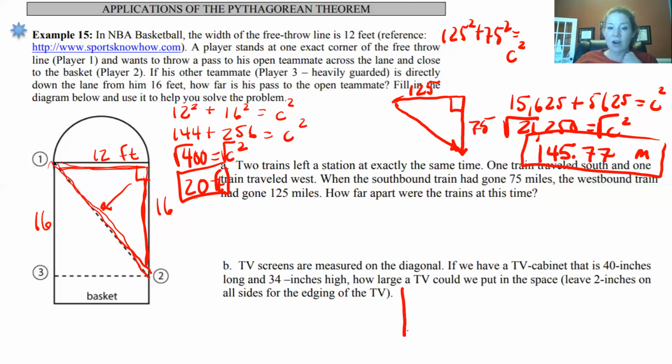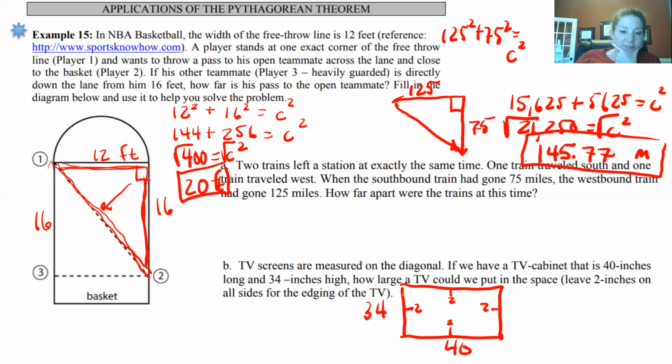All right, so we have an opening and we have to leave 2 inches from all 4 sides to give our TV enough space. So the TV cabinet is 40 inches long and 34 inches high.